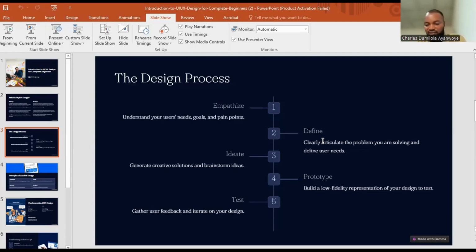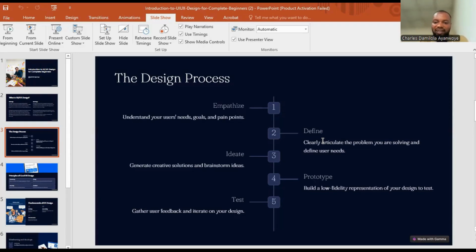Now, the next stage is define. So when we say define, you've carried out some research, you've done your case study, now you know what your users' needs are, you know what their goals are, you know what their pain points are. Now, from the feedback, from what you got from your user, from the first phase of this design process, then you need to define.